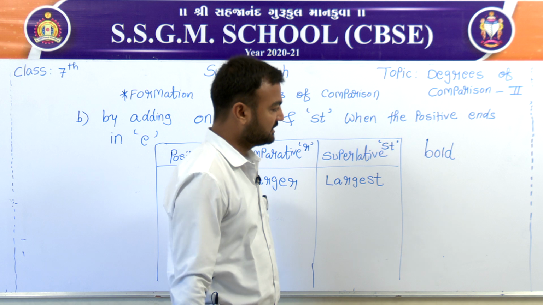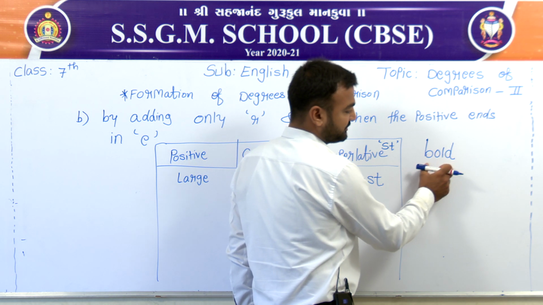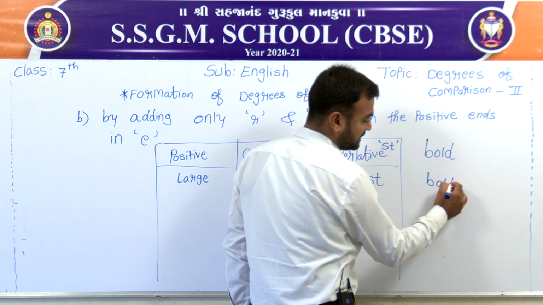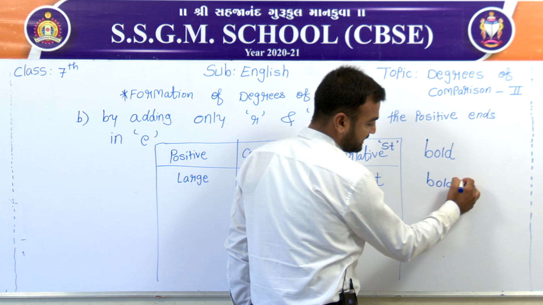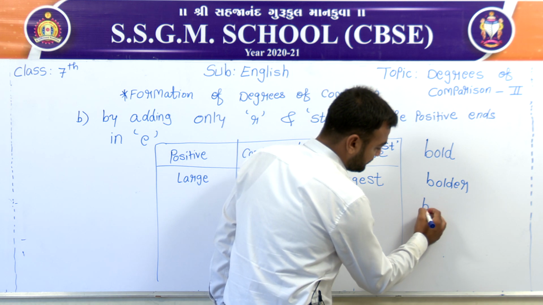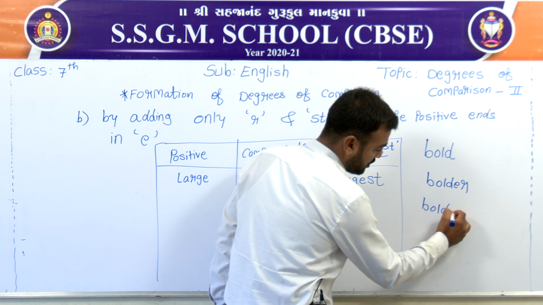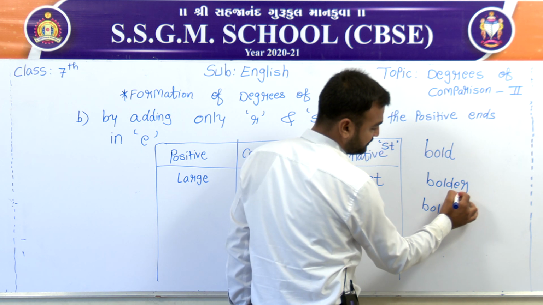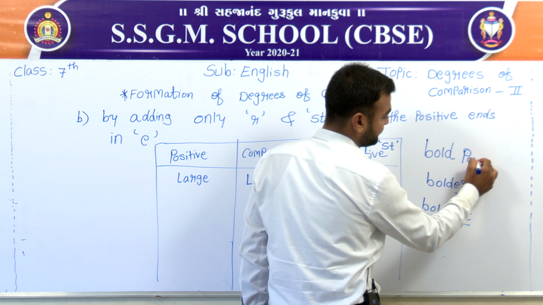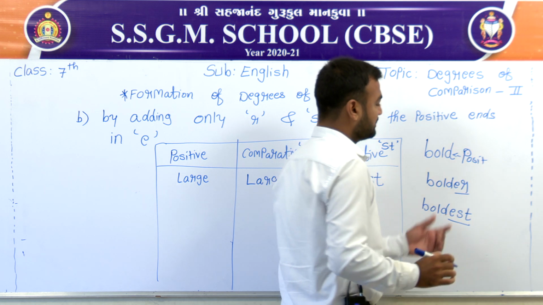Last time we learned that if the positive degree is like bold, then we add ER to make the comparative, bolder, and for the superlative we write boldest. That means we add ER and EST to the positive degree written over here.